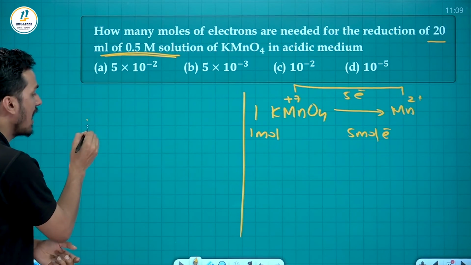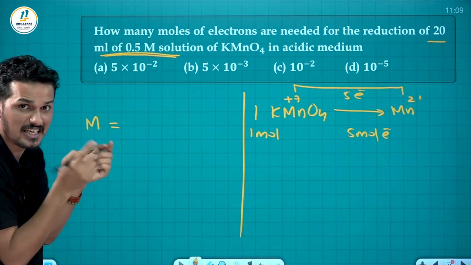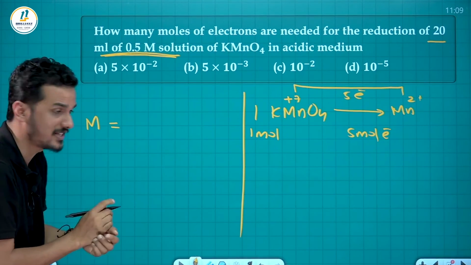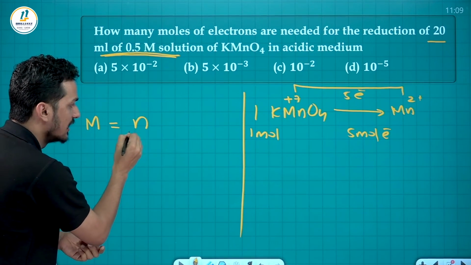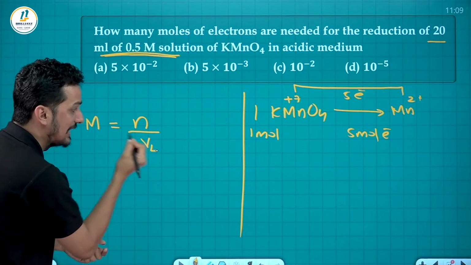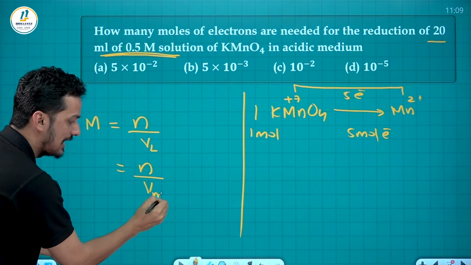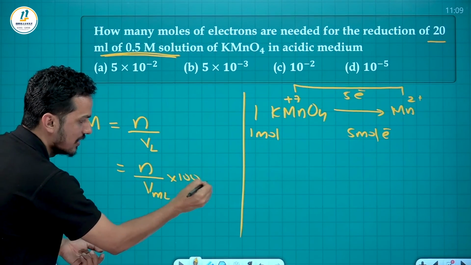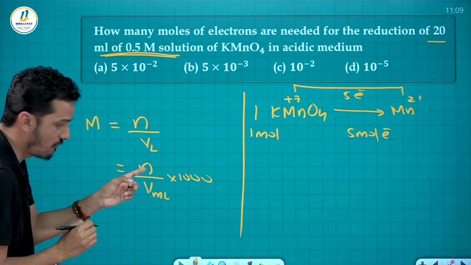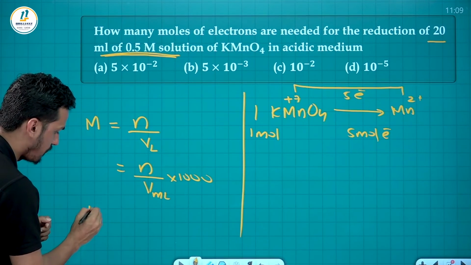So we know molarity equals number of moles divided by volume in liters, that is, number of moles divided by volume in milliliters into 1000. So N means number of moles.